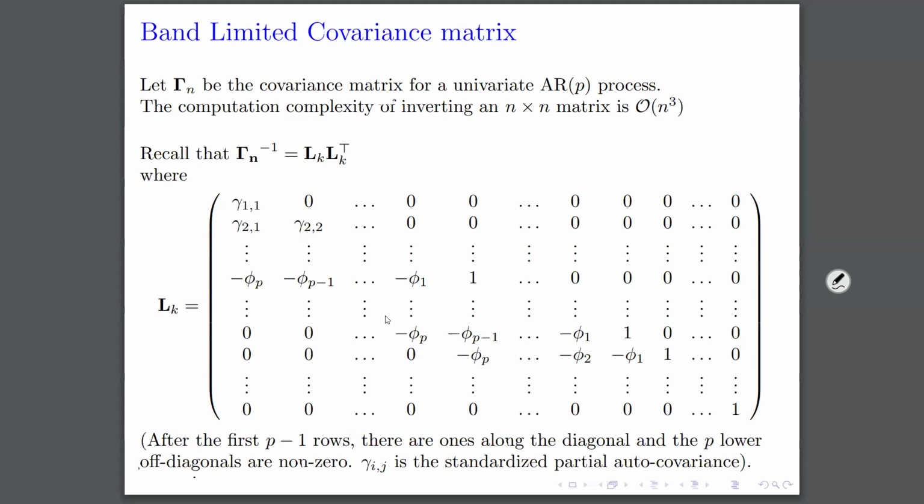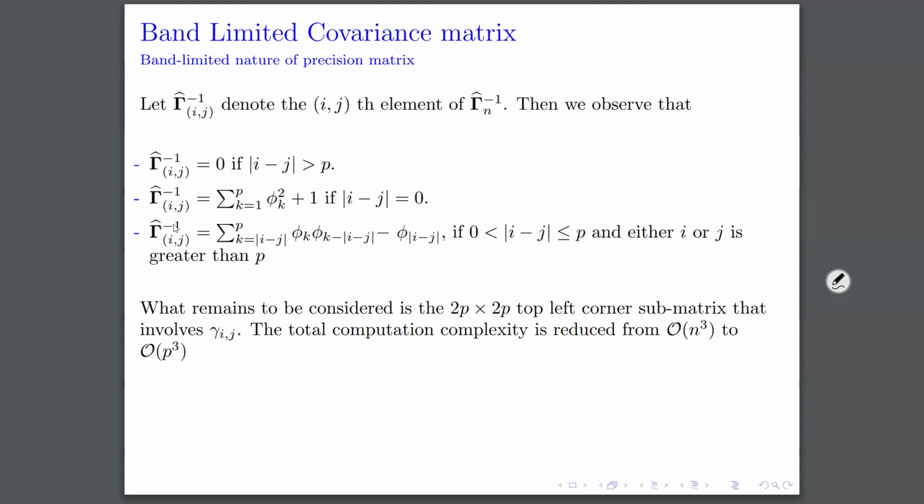With this kind of band limited structure, you can actually avoid some repetitions in your calculation, and you can lower down the computation complexity of your calculations. So, for example, for all the entries in the inverse of gamma ij, it is equal to 0 if the row index minus the column index is greater than p.